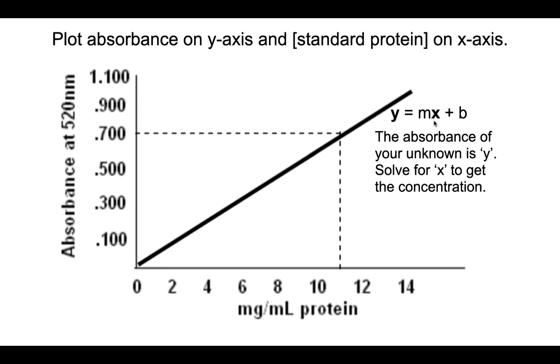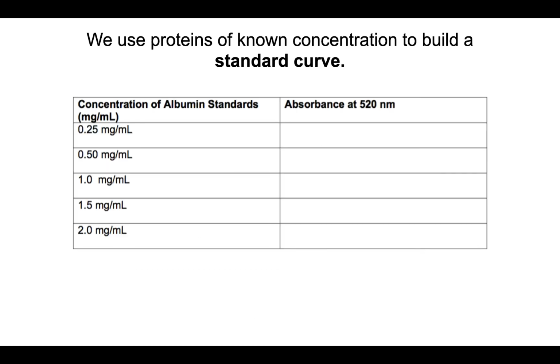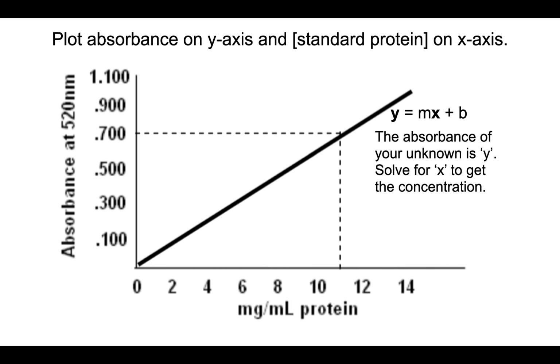You would then solve for x, and that would give you the concentration of your protein sample much more accurately than just eyeballing it. Okay, so that is what you are going to do. We are giving you the absorbance at 520 of all of your standard proteins. You'll build the standard curve, and then we will give you the absorbance of your unknown protein, and you can use that to solve for x, which is the milligrams per mil of your protein.